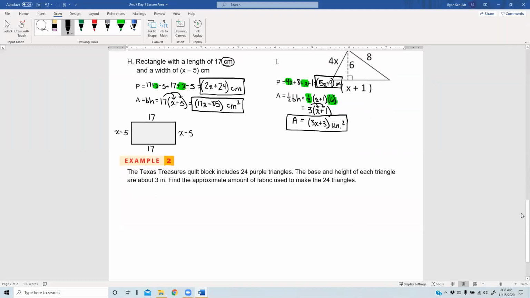Okay, word problem. The Texas Treasures quilt block includes 24 purple triangles. The base and height of each triangle are about 3. Find the approximate amount of fabric to make the 24 triangles. Okay, so let's draw a triangle here.